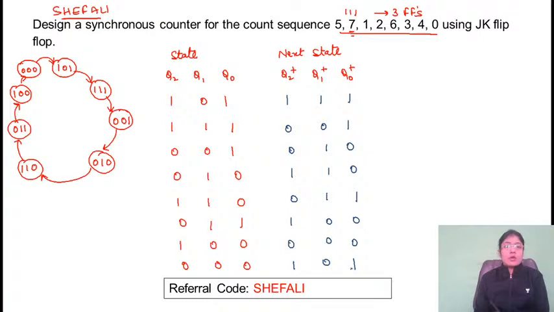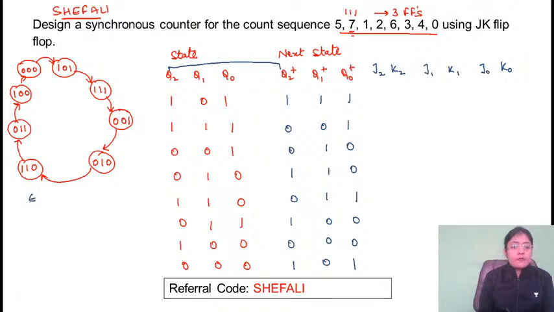Now on the basis of this, we have to use the excitation table on bit number 2, on bit number 1, on bit number 0. So we will be getting here J2, K2, J1, K1, J0, K0. Right? What is the excitation table of JK flip-flop?